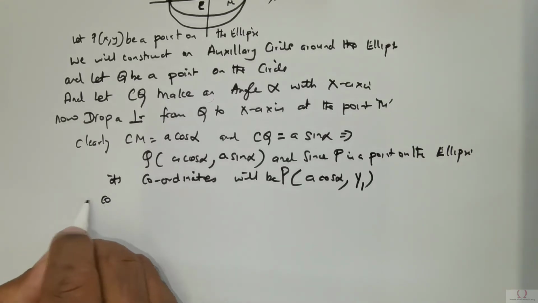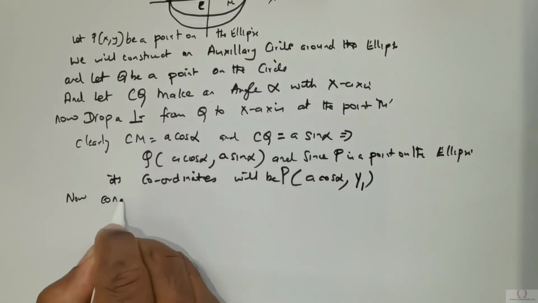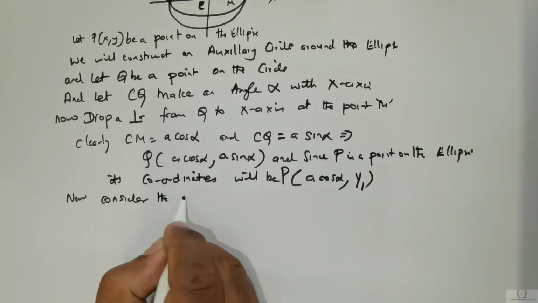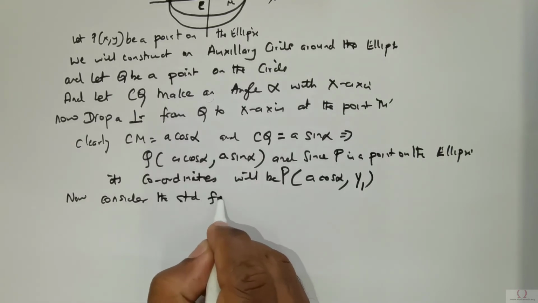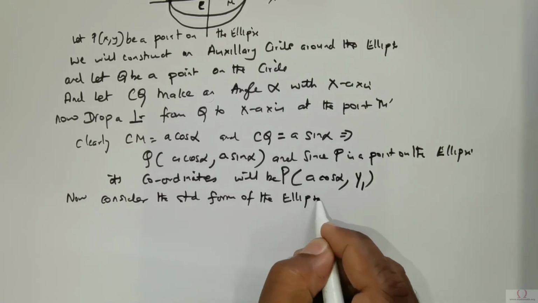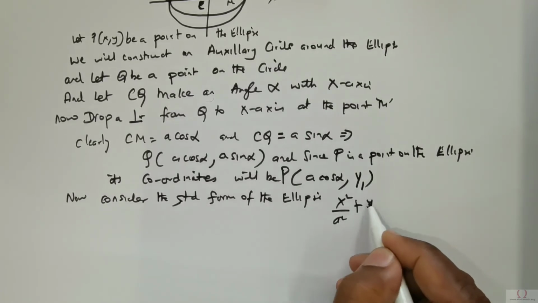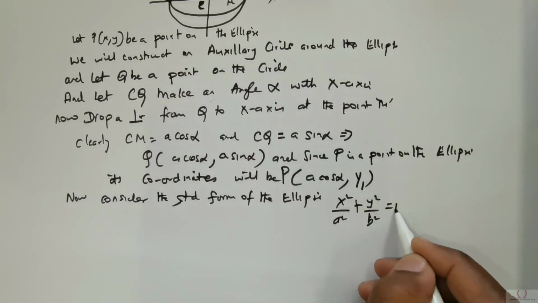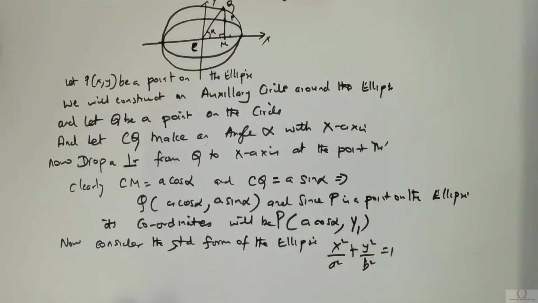Now consider the standard form of the ellipse: x squared over a squared plus y squared over b squared equals 1.